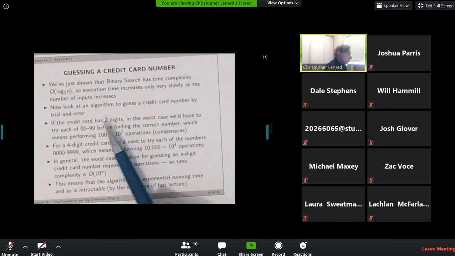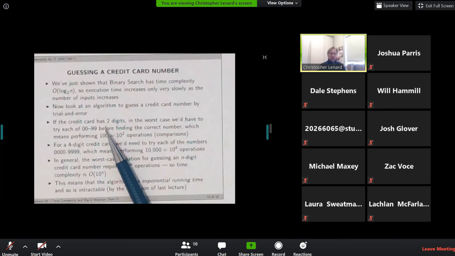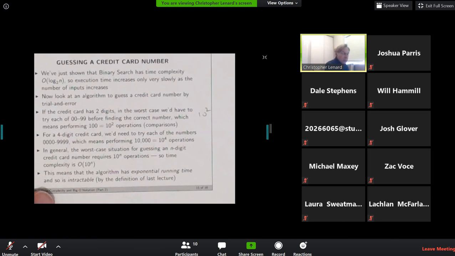If you've got a 2-digit PIN number, how would you go about guessing it? Well, an obvious thing would be you just start with 00 and you try everything up to 99. So you'd have basically 10 squared possibilities that you have to look at.